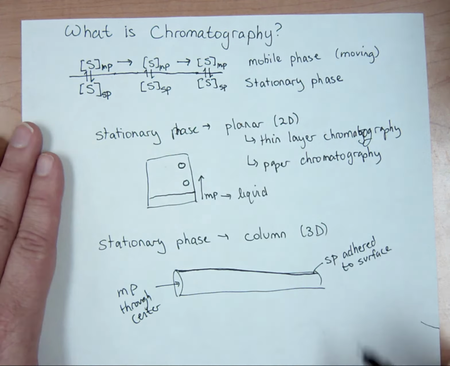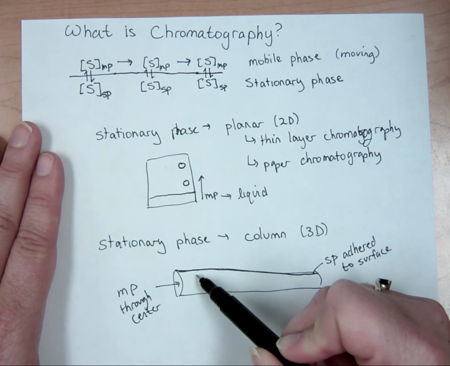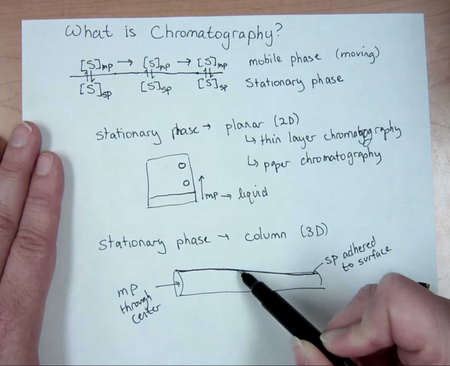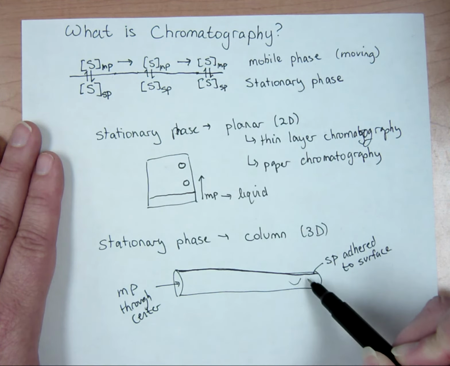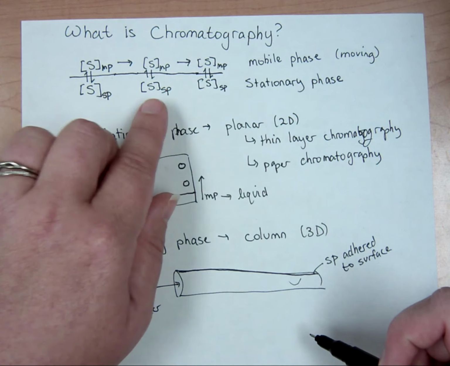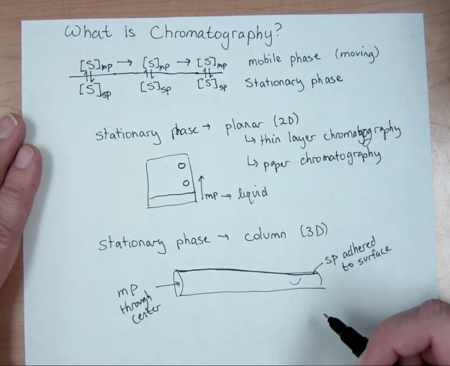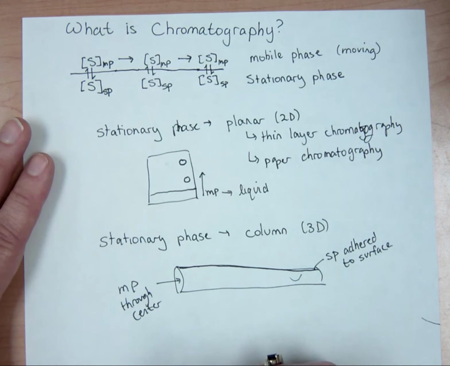Okay. And so as the analytes are flowed through, they're constantly moving, and so they can interact with the stationary phase at a number of points along the column. Okay, it doesn't happen just once, but again, we're doing a whole series of tiny extractions as it moves along this column. Now, what kind of a mobile phase do we use here?